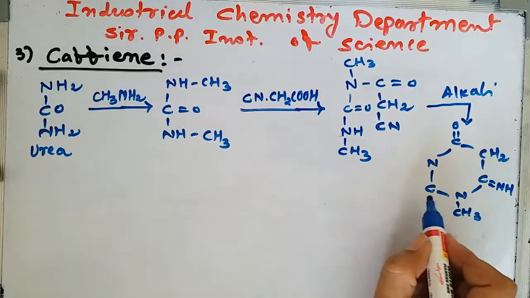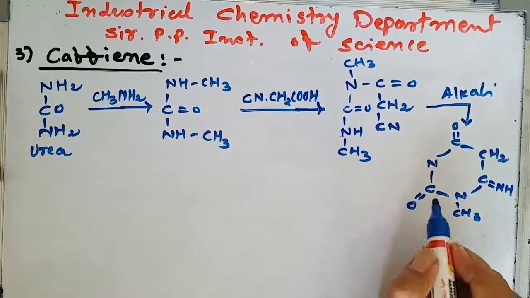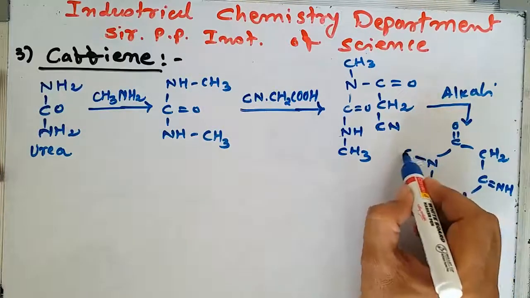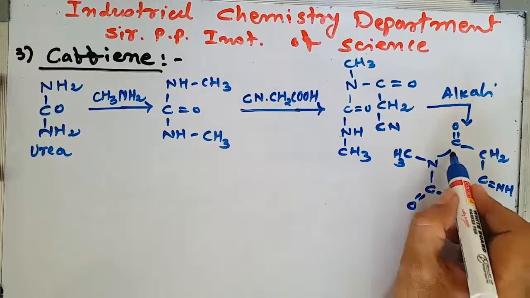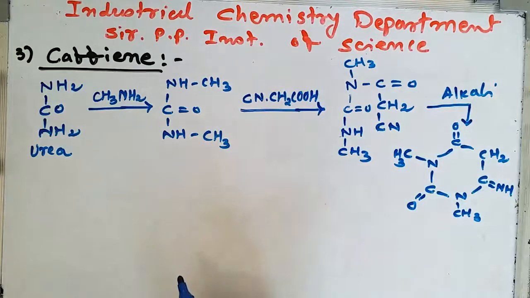This carbon contains a double bond O and this nitrogen contains CH3. So a cyclic derivative of pyridine is formed by the alkali reaction.